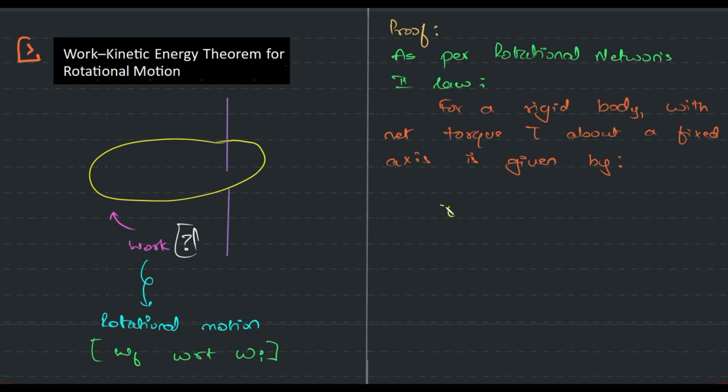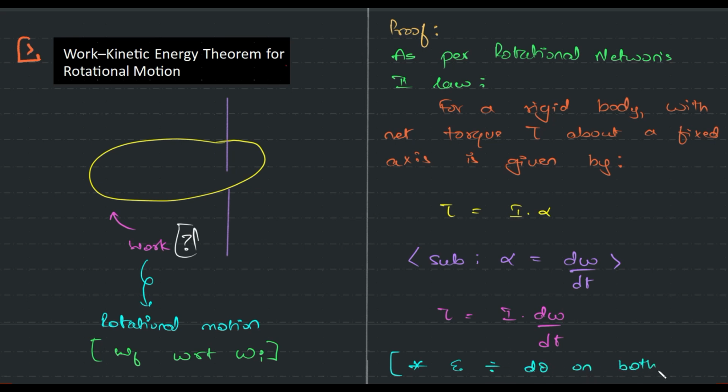What is the formula? Force is equal to mass into acceleration. Now I'm going to substitute acceleration as the rate of change of velocity. So your tau will be equal to I into d omega by dt. Now we will multiply and divide by d theta on the RHS.